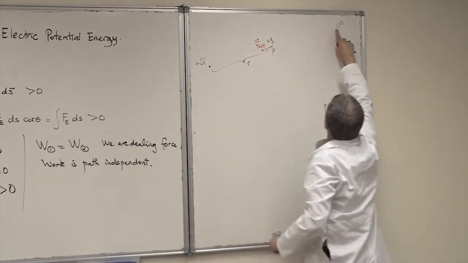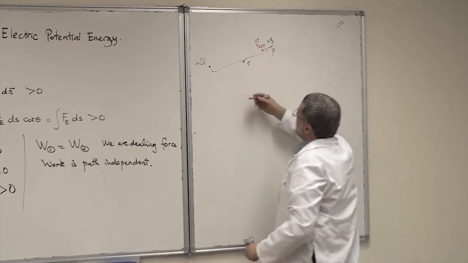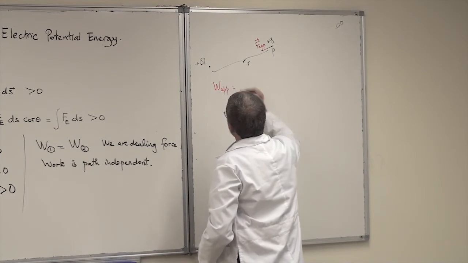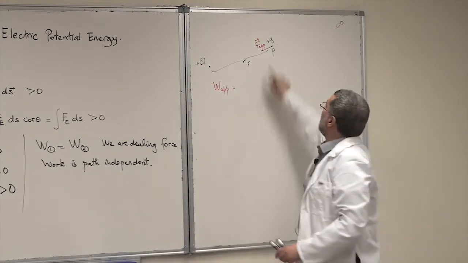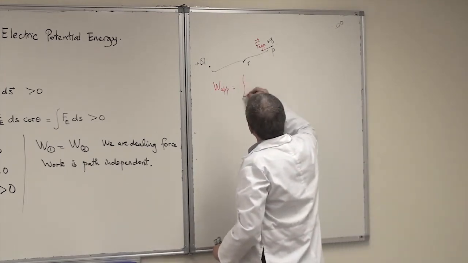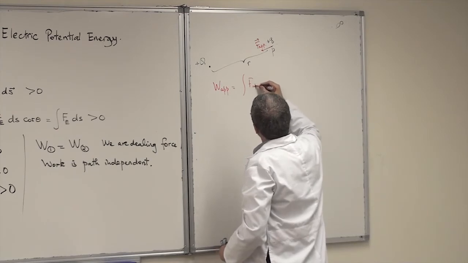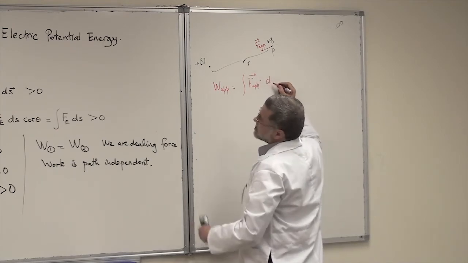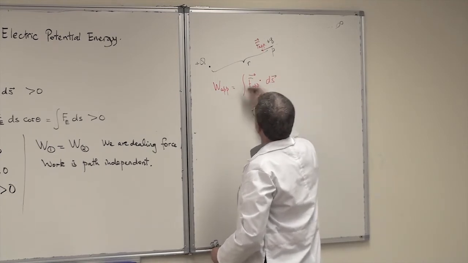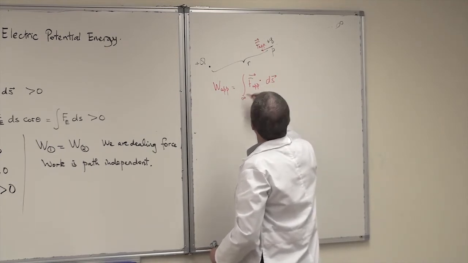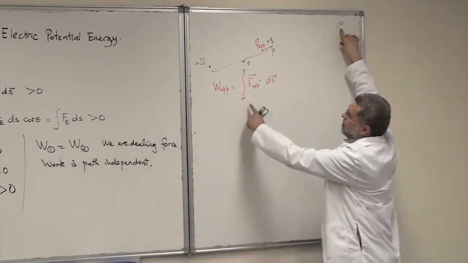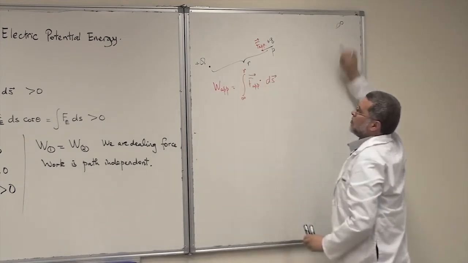Remember, I'm bringing it from infinity to this point, and I want to calculate the work applied by this force. This is equal to the integral of F applied dot ds, the displacement. I'm bringing it from infinity to the position r. This is how I integrate.